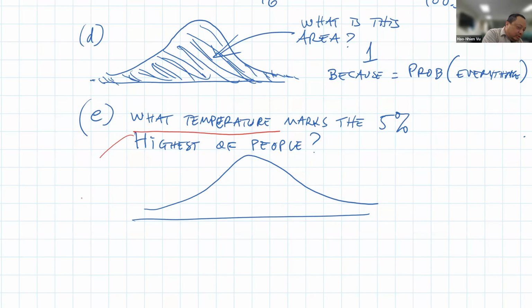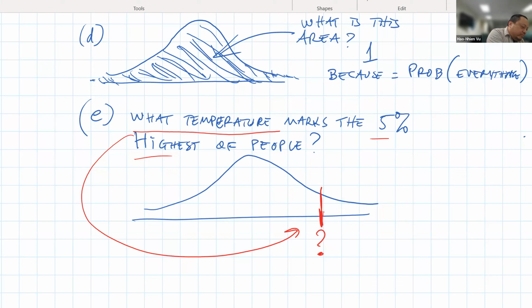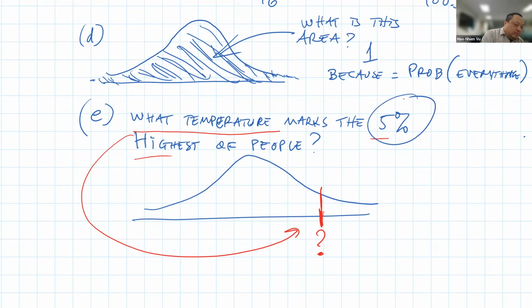So that means it's looking for a number here somewhere. And it looked for the 5% highest, so it's somewhere on the high side. So the question is for this temperature. And then we're talking the 5%. Where does the 5% go on this graph? It's on the right end, but do I put it here or somewhere else?